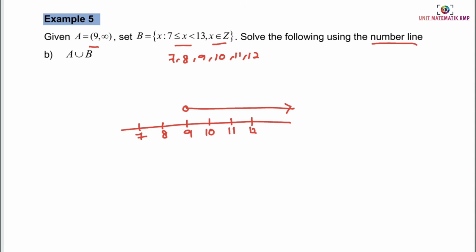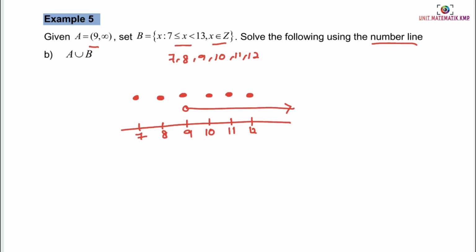Okay, for set B, it is integer form, so the values must be number 7, number 8, number 9, number 10, 11 and 12.